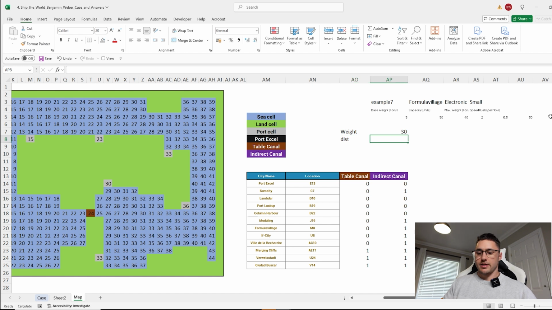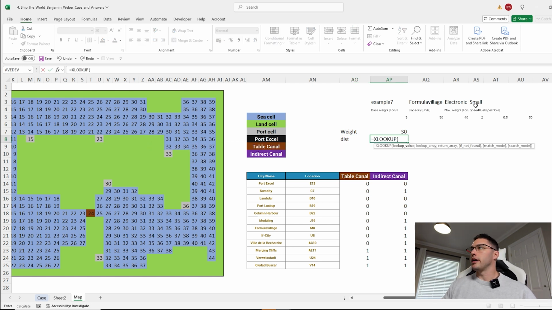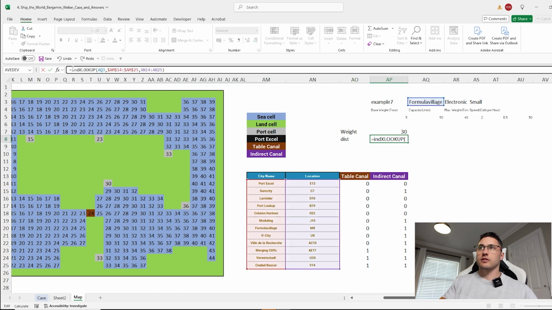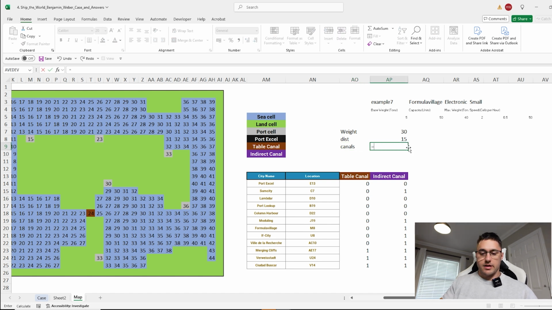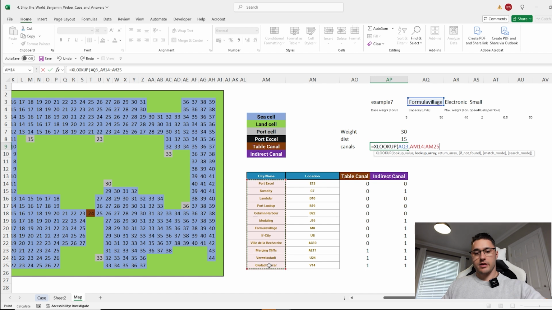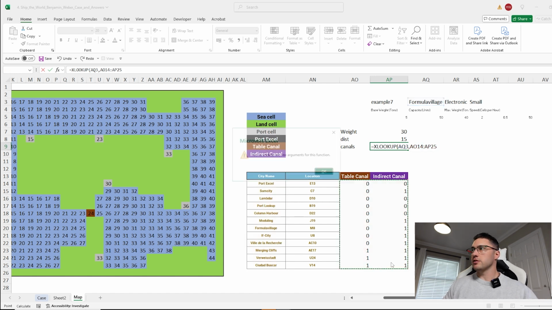Distance is going to be XLOOKUP our port in here, return the location, and we want to do INDIRECT of that to pull out the value from our dynamic map. And then canals is going to be XLOOKUP our location here and return the canals.